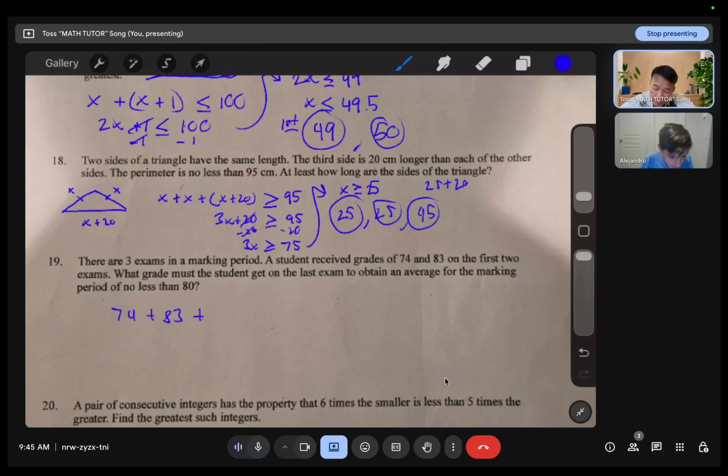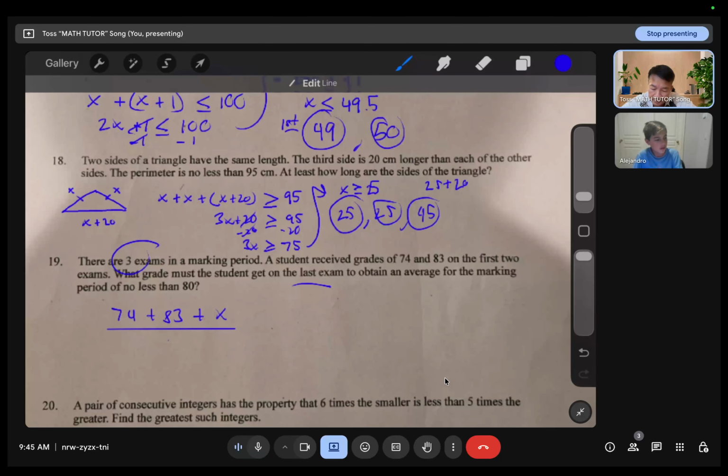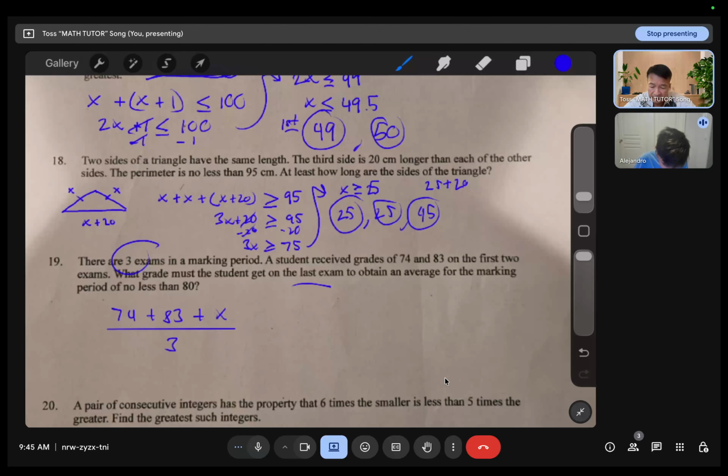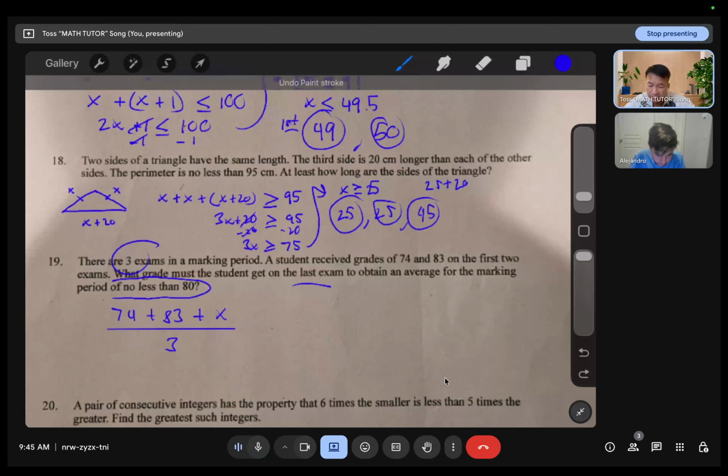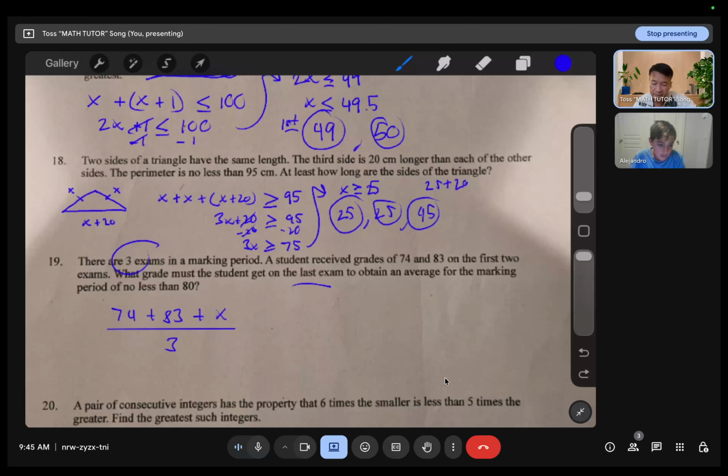The third one, you don't know, which is what you're trying to find. There are 3 exams, so you add those 3. Here's the fancy part: divided by the whole thing, divided by 3. Then the inequality comes right here, less than or greater than. So, no less than 80. I'll let you interpret that. What is that? No less than 80.